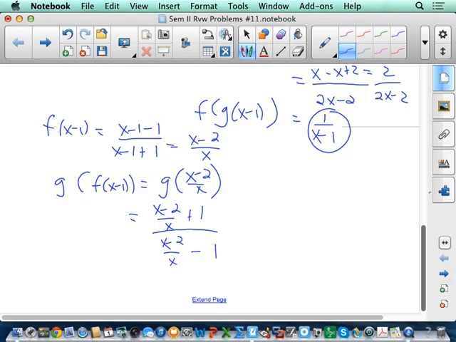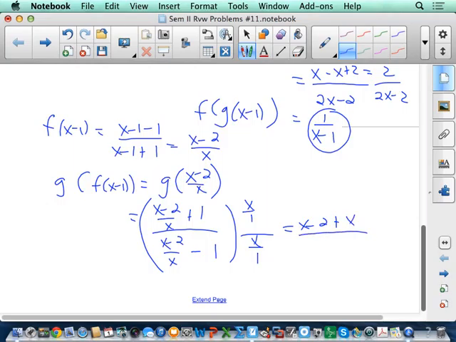Okay, to simplify that, multiply by x over x. So Natalie, this first term, when you multiply x minus 2 over x times x, you get x minus 2 plus x. Good.